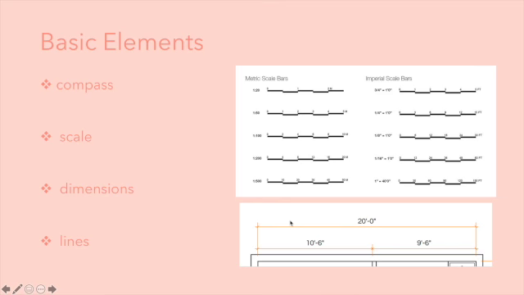So a more full-size plan of a house perhaps would be done in a scale of 1 to 500, but a basic floor plan might be done in just a scale of 1 to 20. So again, it just depends on the kind of drawing you're doing and what elements you need to include.